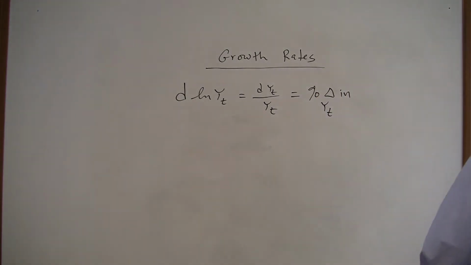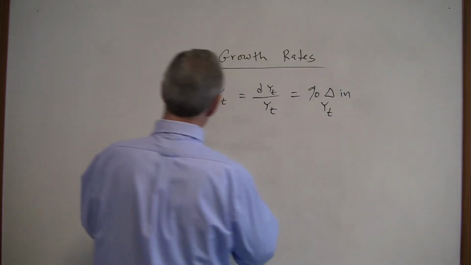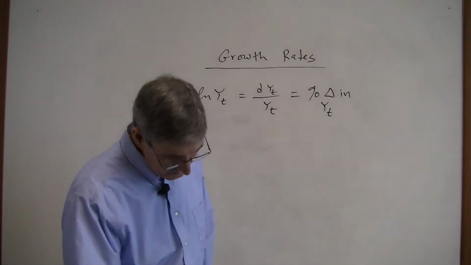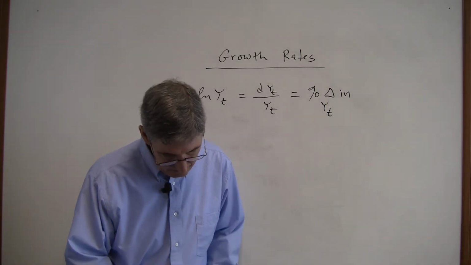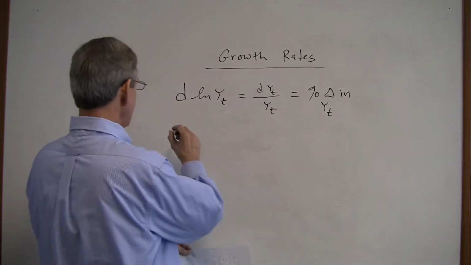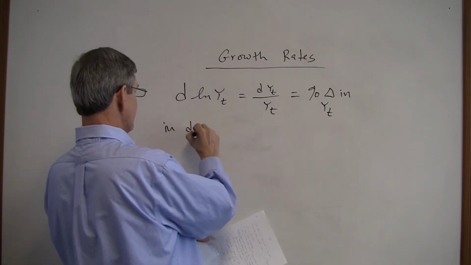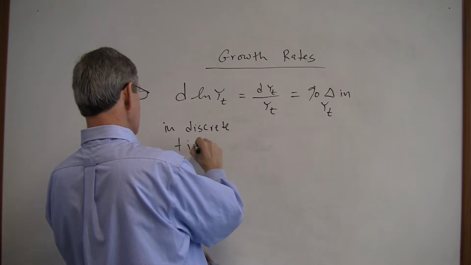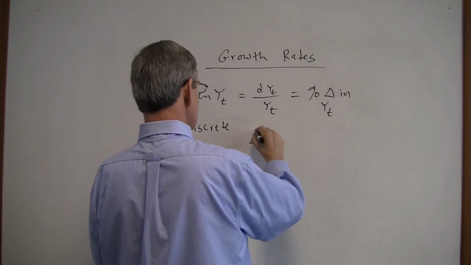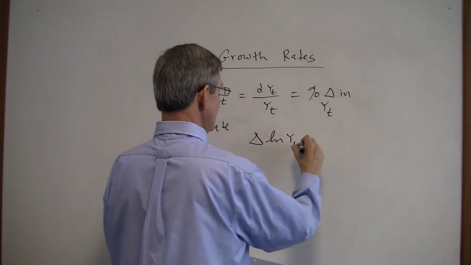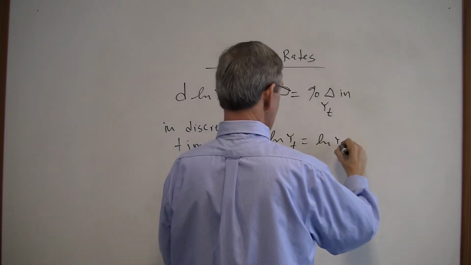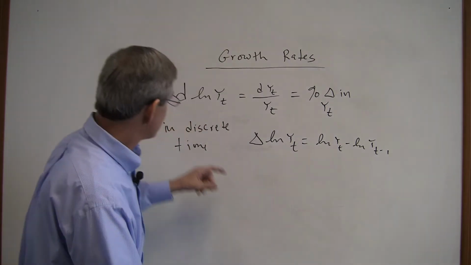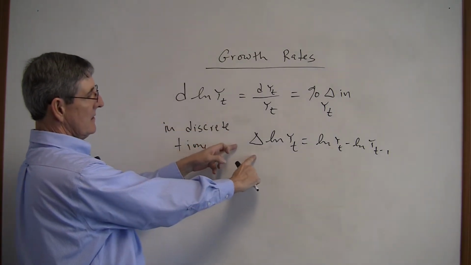In discrete time, we could say delta log yt is ln yt minus ln yt minus 1. This is just a discrete form of this.